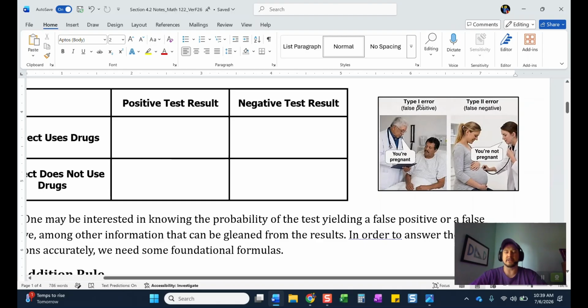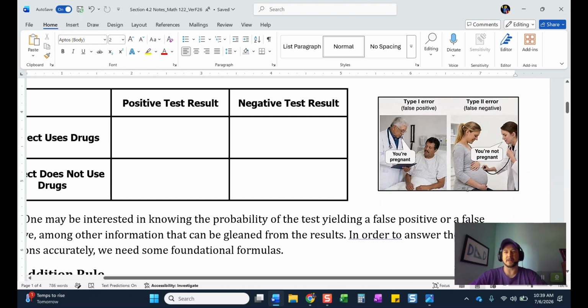So a type 1 error is considered to be the false positive. And here we have a doctor saying you're pregnant to a man in a hospital bed. So we know that that can't happen. So right there would be a false positive. And here we have a type 2 error, a false negative. So it says you're not pregnant, says the doctor to the female that is clearly pregnant.